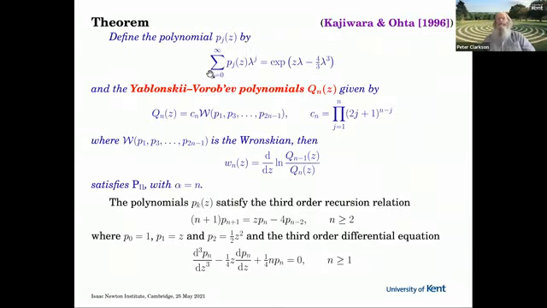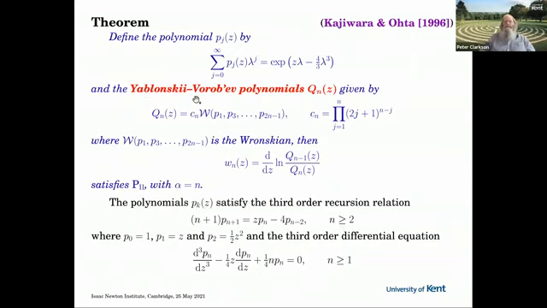So let me say a little bit more about generating them. We can define a polynomial Pj through this exponential here. You can think about this as a generalization of the Hermite polynomial. The Hermite polynomial would have a lambda squared here.